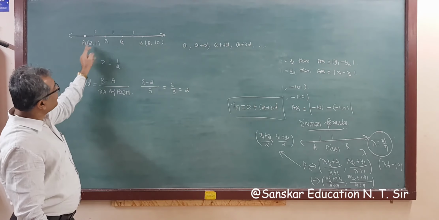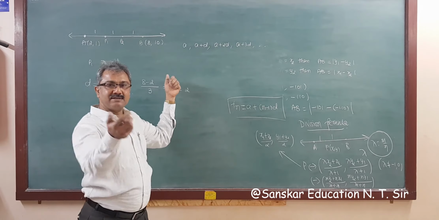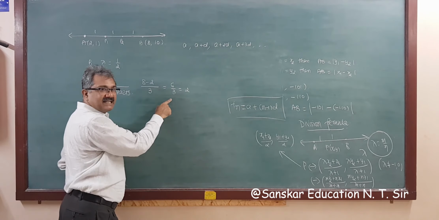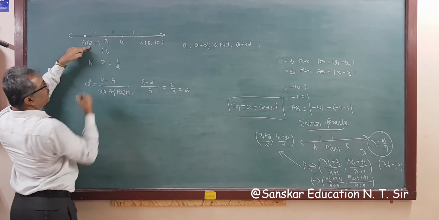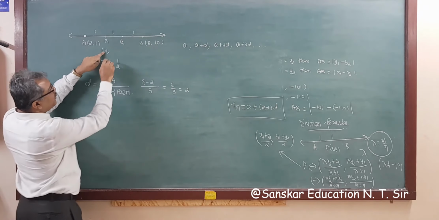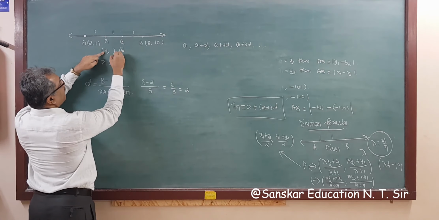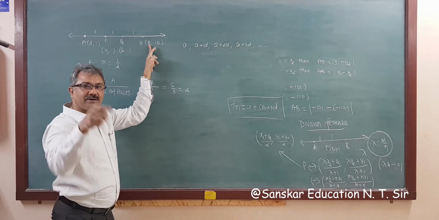Because these are the terms of an AP. So see कितना जल्दी हो जाएगा. So d is 6 by 3, which is 2. Adding 2 to here, this becomes 4. Again add 2 to here, this becomes 6, right? And add 2 to here, 8. So we'll get our 8.